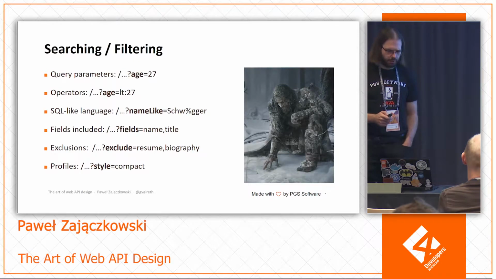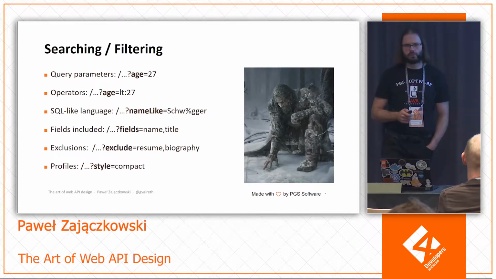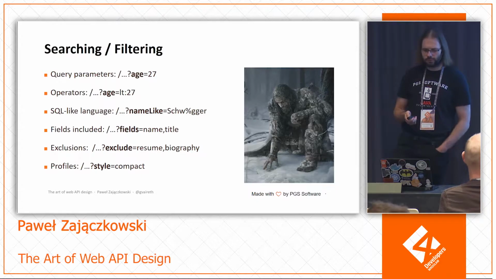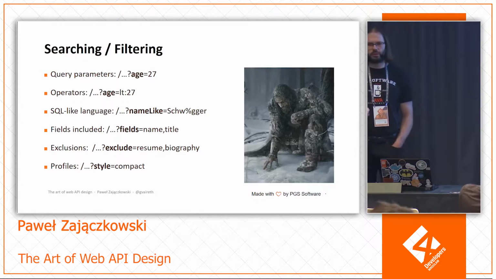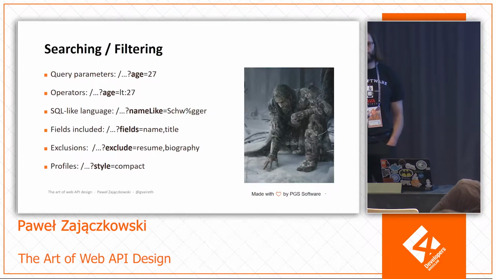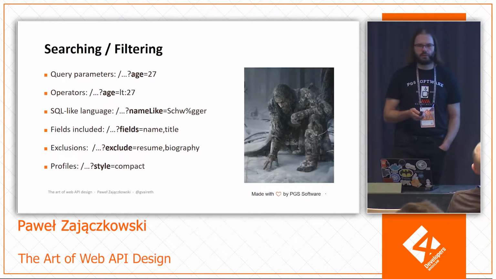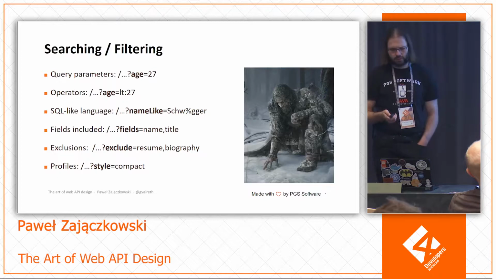Okay, so operations on collections, searching, how to find something in the collection. If we are looking for a particular property, we can always use the equals sign. So for instance, we are looking for people who are 27 years old. So we can say age equals 27, but what if we are looking for people that are either younger or older?